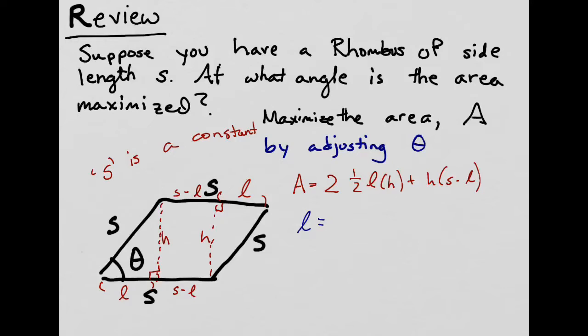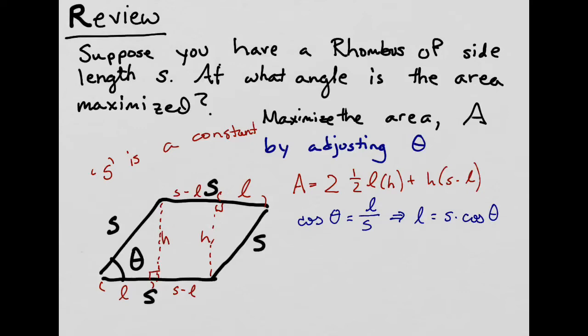Let me erase that. All right, and then draw. So cosine of theta is equal to L over S, which means L is equal to S times cosine of theta.